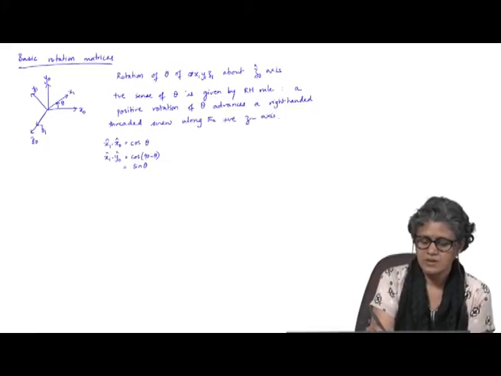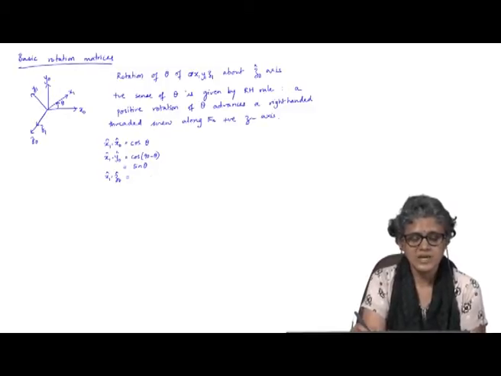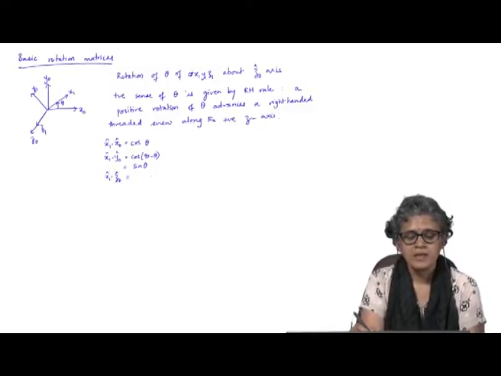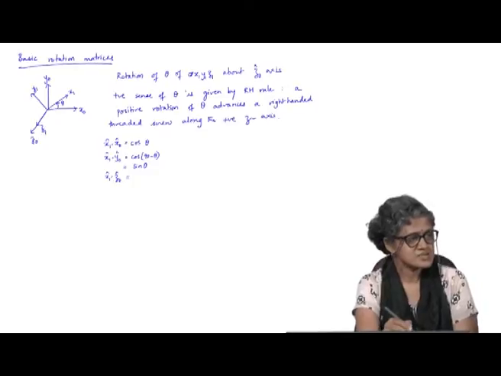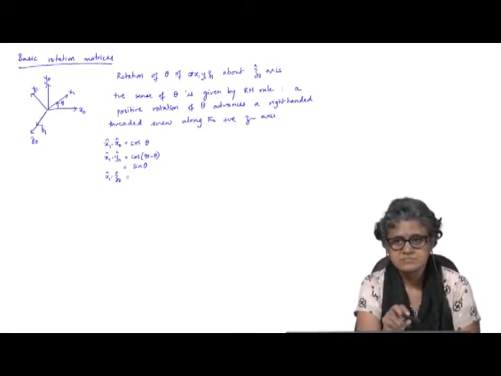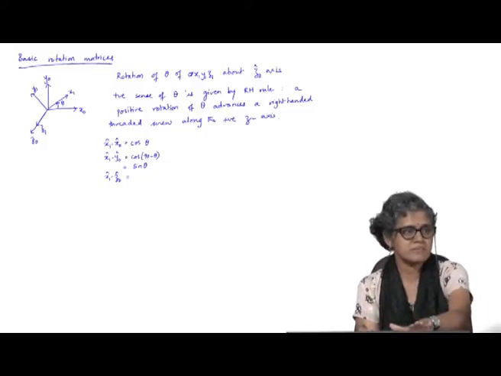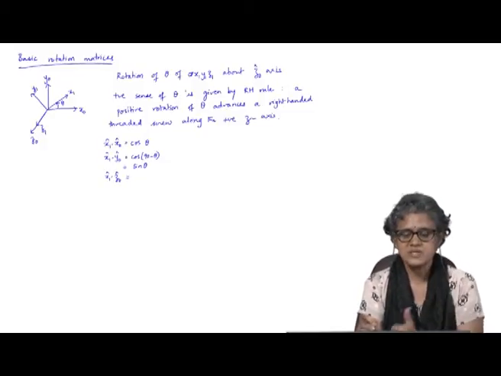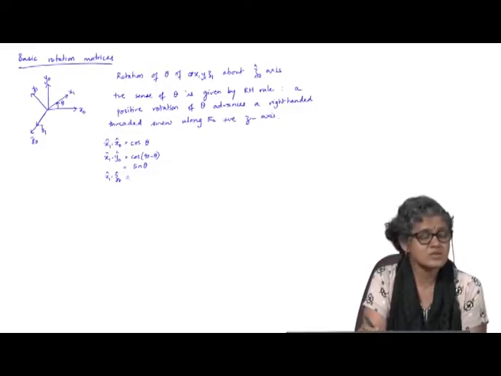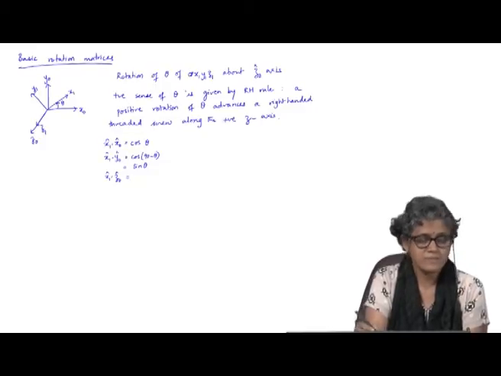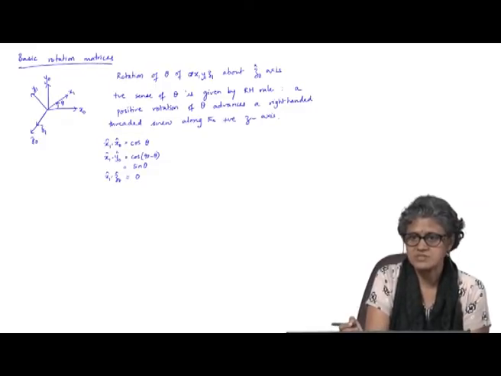Okay. And dot z naught. What is the angle between z1 and z naught? They are parallel, which means it is coming out if this is your plane. Okay, which means x1 and z0 are perpendicular. So, you have cos 90, which is 0.